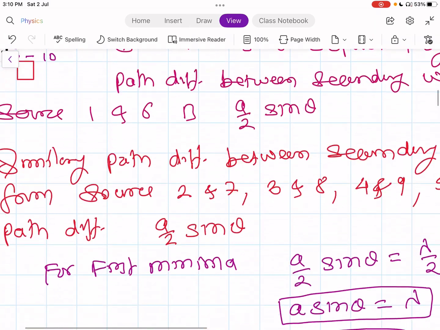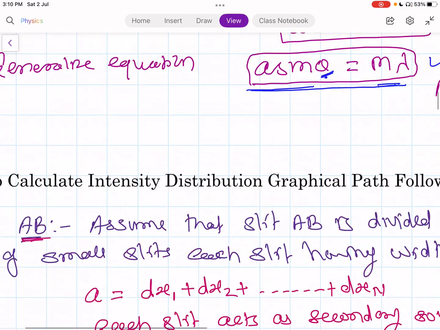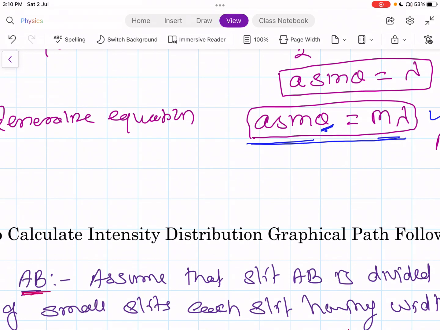And hence we can find out this secondary maxima by differentiating the intensity equation with respect to alpha and equals it to 0.